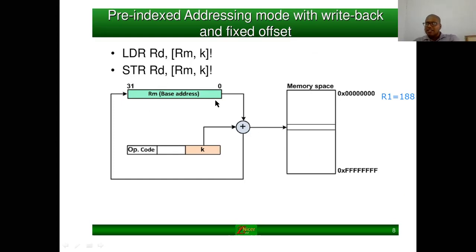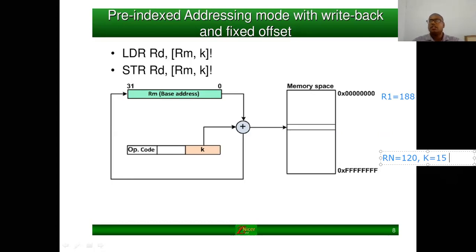Whatever value I am going to get, for example, please consider it as Rn. Rn is equal to some 120, and k is equal to 15.